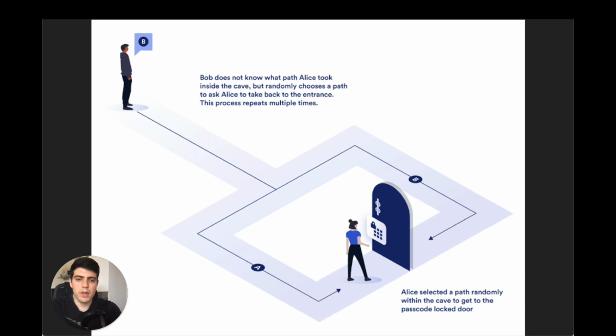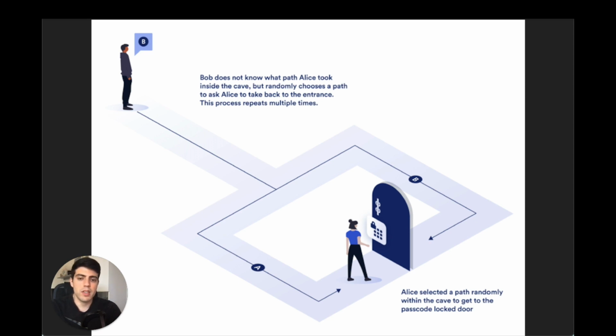Then Bob asks Alice to take one of the two paths back to the entrance of the cave, chosen at random. If Alice originally chose path A to the door, but then Bob asks her to take path B back, the only way to complete the puzzle is for Alice to have knowledge of the passcode for the locked door.